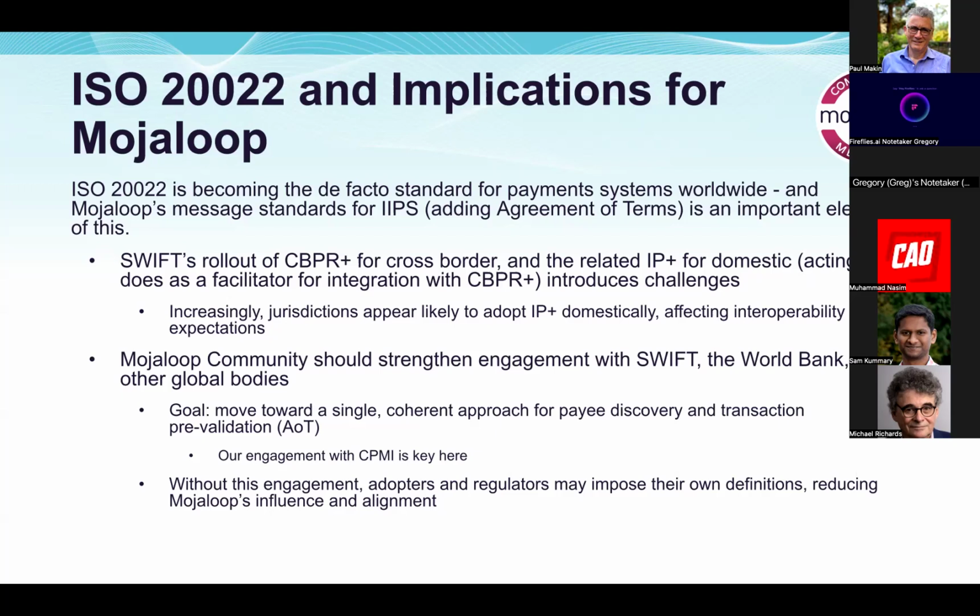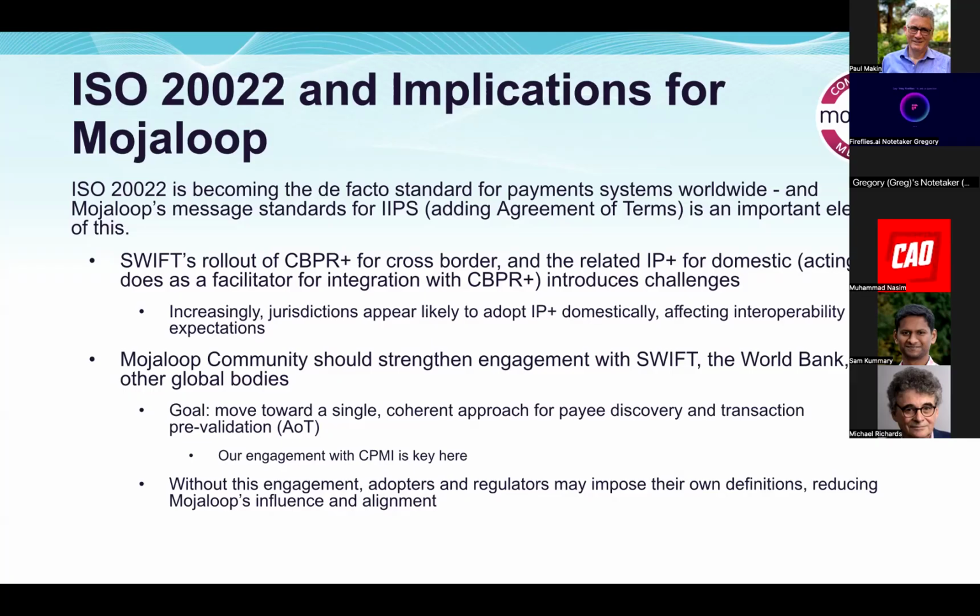In contrast, SWIFT's rollout of CBPR Plus for cross-border and IP Plus for domestic, which you should note is a facilitator for integration with CBPR Plus, introduces some challenges because, like it or not, SWIFT has a greater reach than Mojaloop. And it seems as though some jurisdictions are likely to adopt IP Plus domestically. And this is going to affect their interoperability expectations.